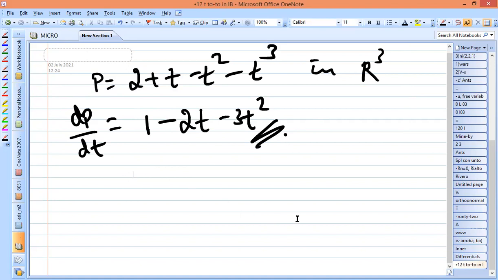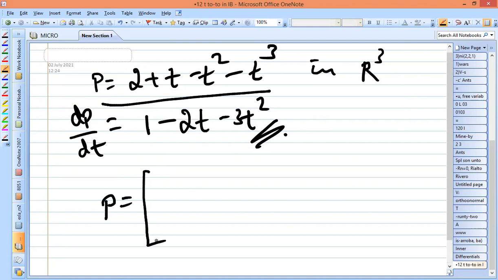From this polynomial, first we'll write the coefficients as the elements of the matrix P. The constant coefficient is 2, the t coefficient is 1, the t square coefficient is minus 1, and the t cube coefficient is also minus 1.